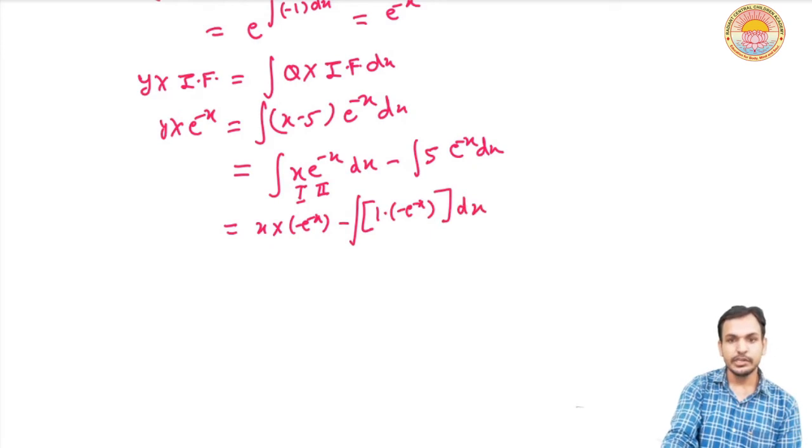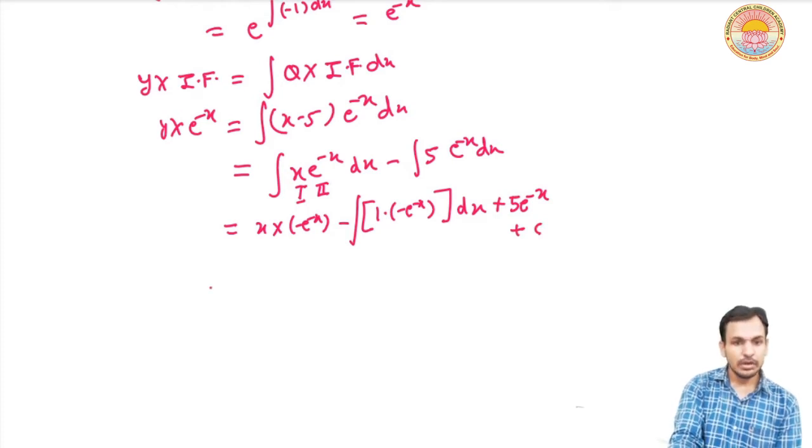And then the whole integration will be with respect to x minus 5, integration of e raised to the power minus x is minus e raised to the power minus x. So this will become plus 5 into e raised to the power minus x with some integration constant c.